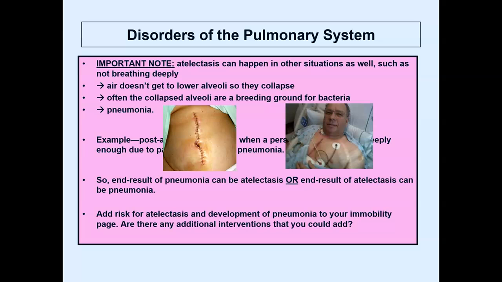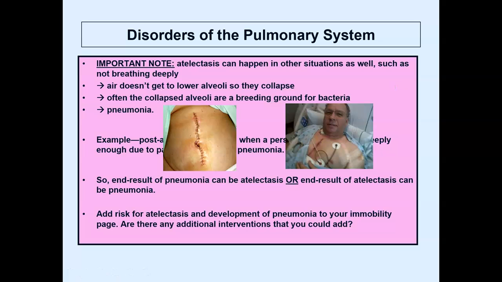Well, think about your patient undergoing some kind of major surgical process, either on their chest, say they have open heart surgery, or in their belly. And I want you to think pain, because you've got this recent surgical incision and it hurts for these individuals to breathe in.